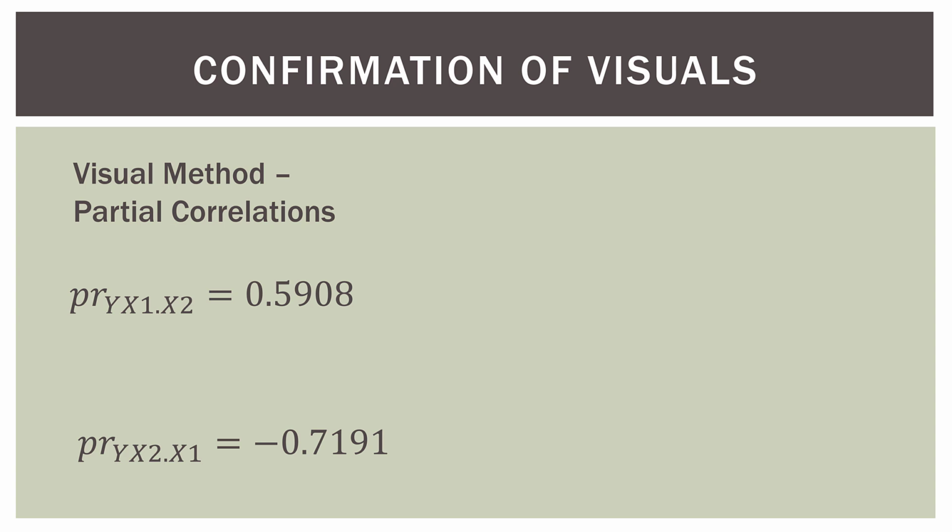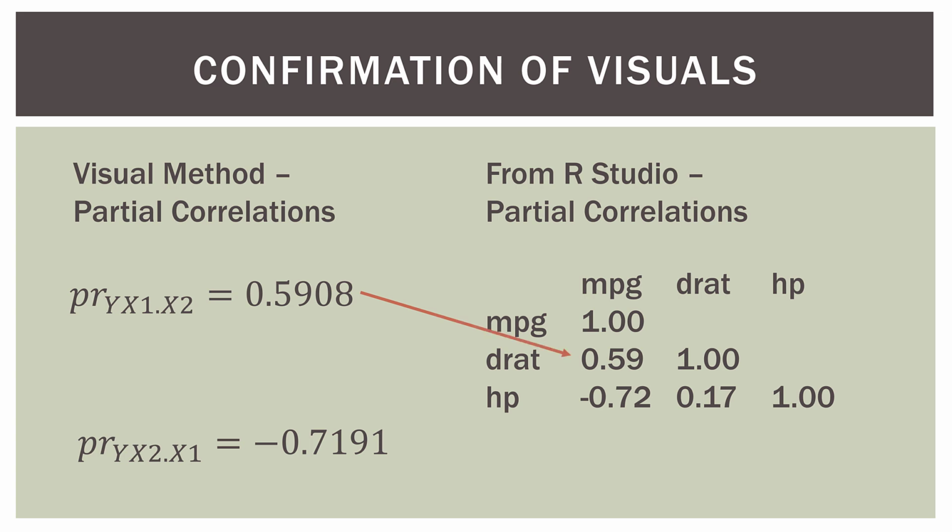Now, if I go into R and do the partial correlations, this is what we get. And you can see that they match. They are the same. So the partial correlation between DRAT and miles per gallon is 0.59. That's what we have over here on the left. And between miles per gallon and horsepower is negative 0.72. That's the same thing we have over here on the left, just with rounding.